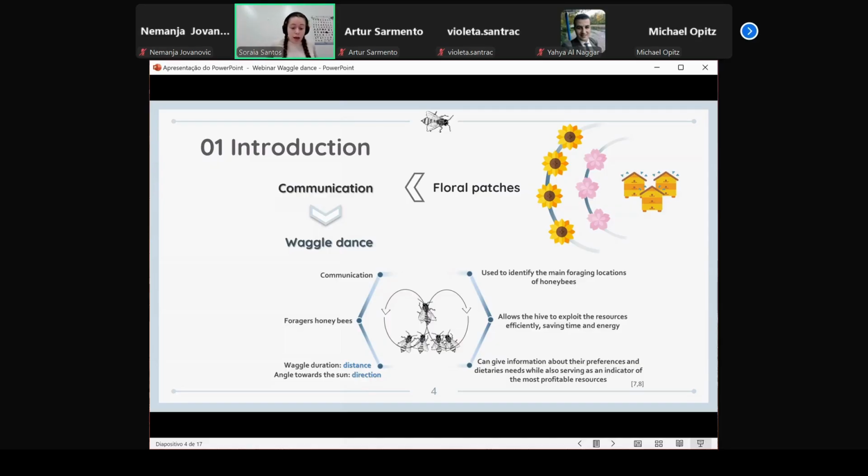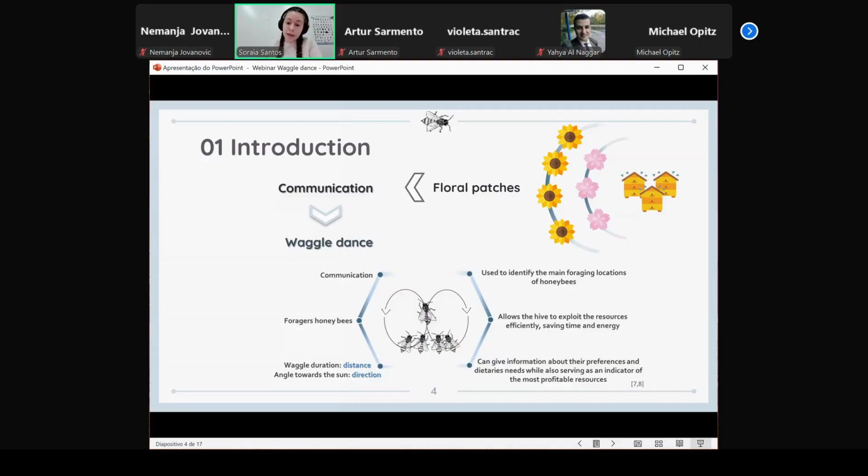So, this type of communication helps the bees to efficiently exploit resources, conserving time and energy. It is usually made by forager honeybees, and the distance is translated by the waggle duration and the direction by the angle towards the sun.